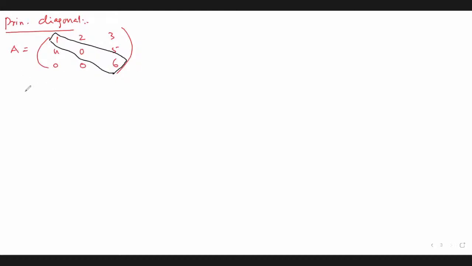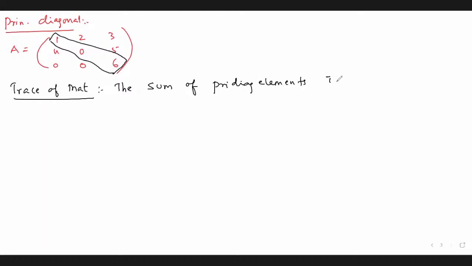Now, you have one concept called trace of capital A, trace of the matrix. It is important for CET. What is the trace of the matrix?